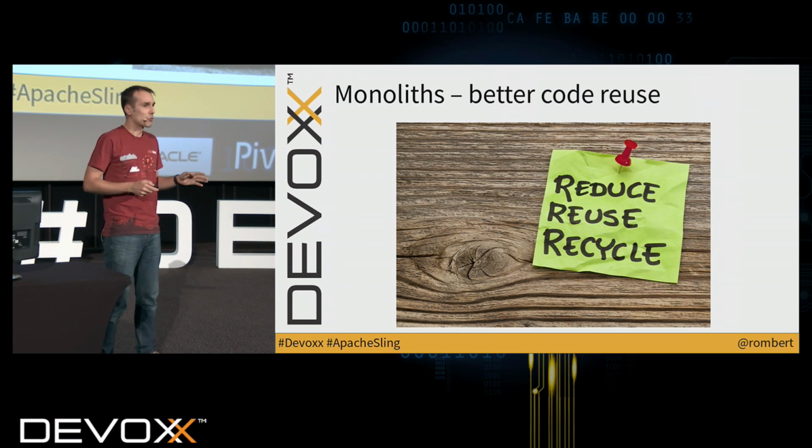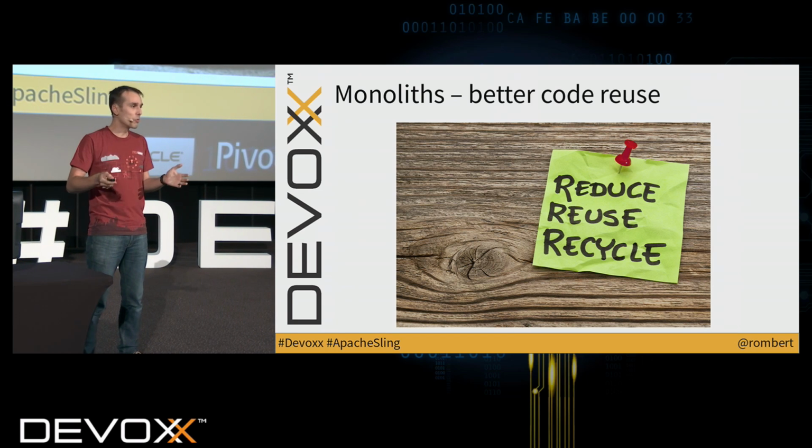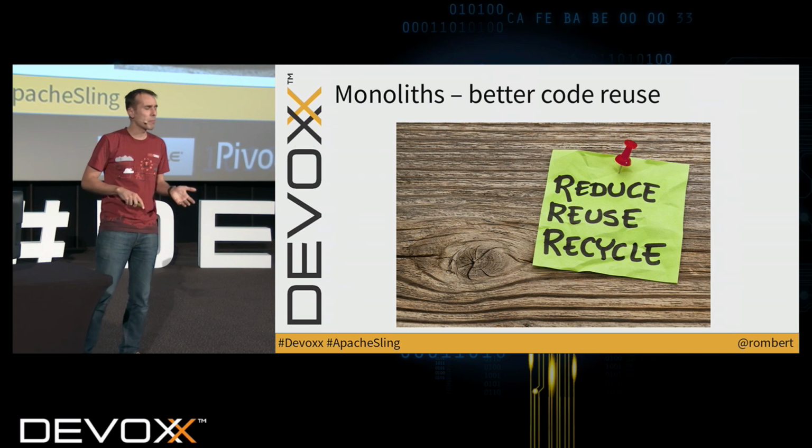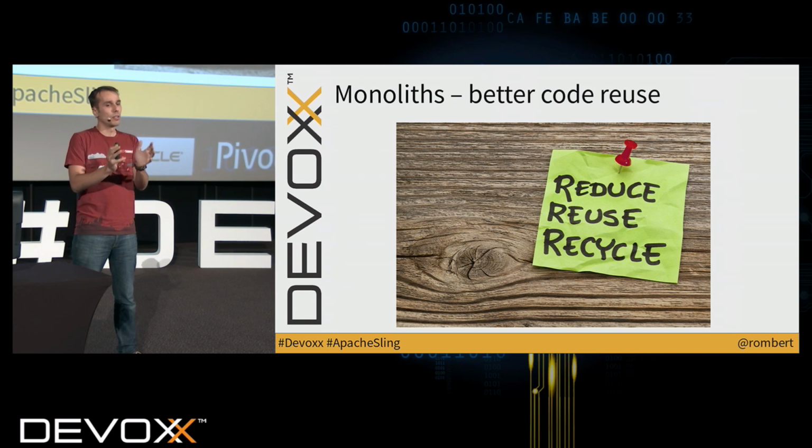I know I said that microservices have the advantage of getting code reuse, but they also have the disadvantage of not getting code reuse. And what do I mean by that? It's the idea that microservices are supposed to be extremely self-contained, and one team is supposed to completely own them without interference from others. So while you get to reuse at, let's say, the business level functionality, when you're talking about small library-level code reuse, you need to ask yourself what do you want more?